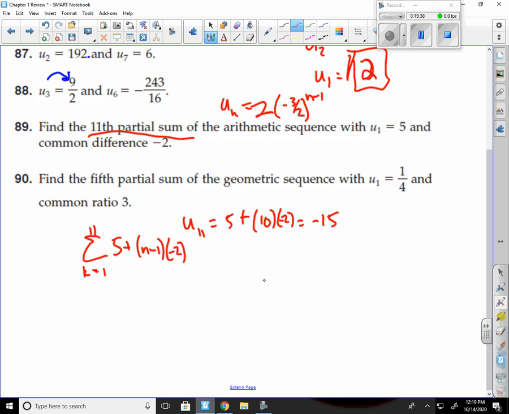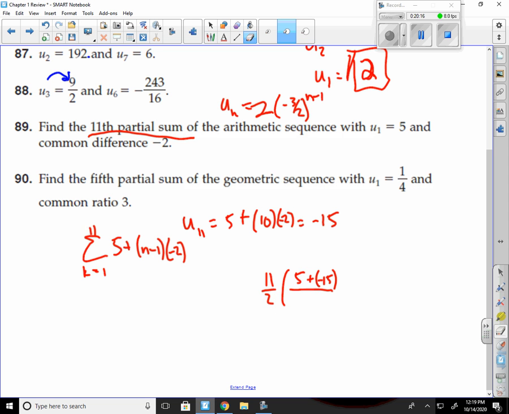Now we're just going to plug all this in to our formula for sums. And our formula for partial sums is going to be 11 over 2, or k over 2, times u sub 1 plus negative 15, and then that would all be over 2.